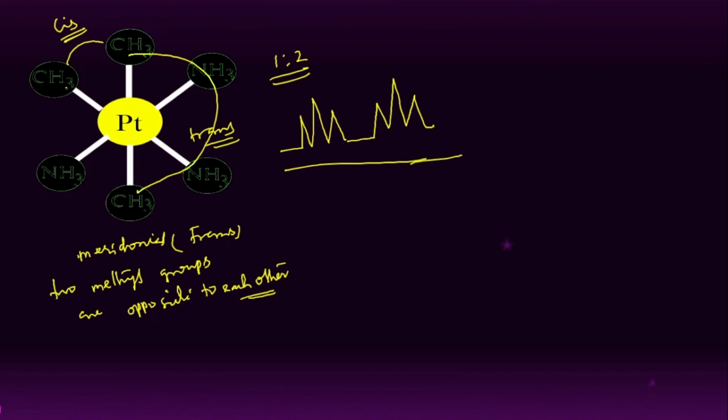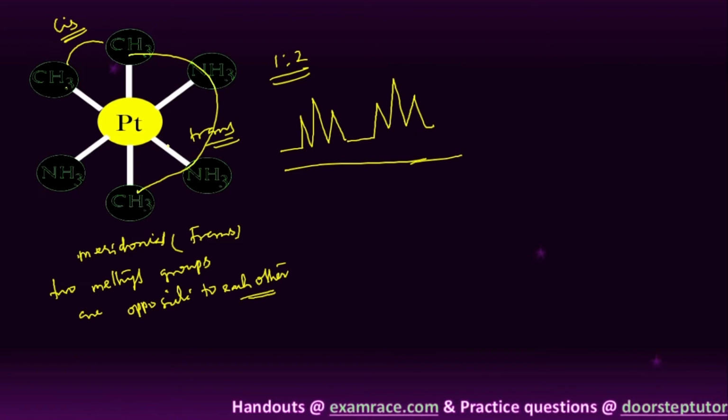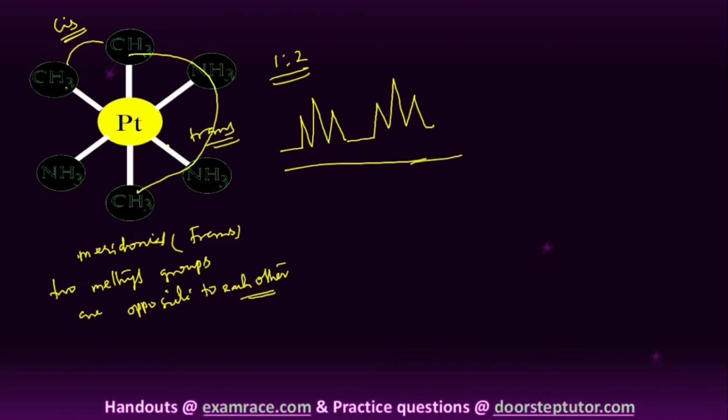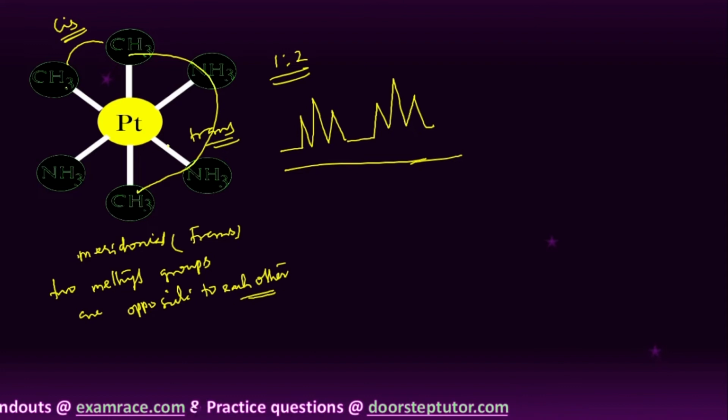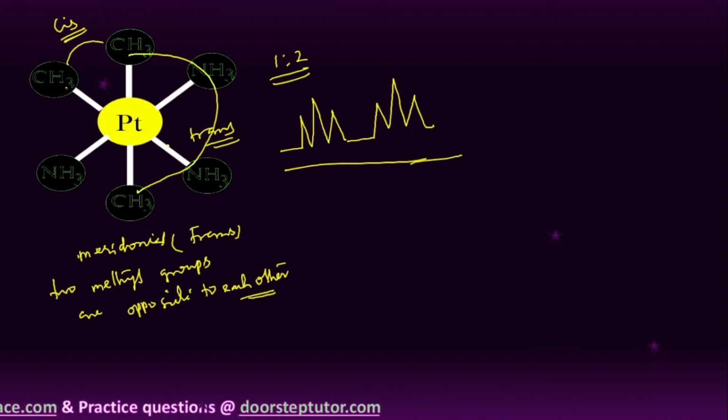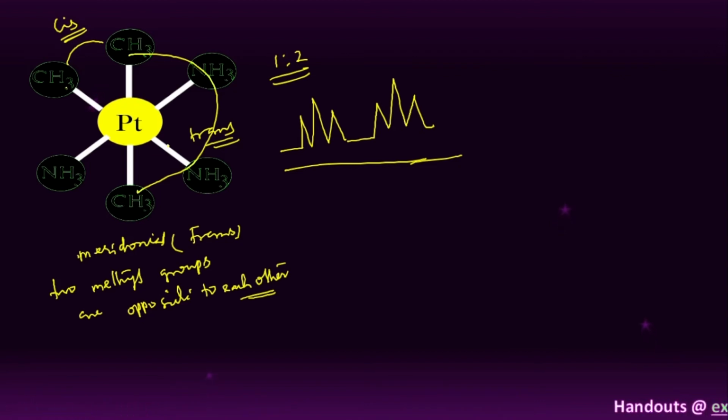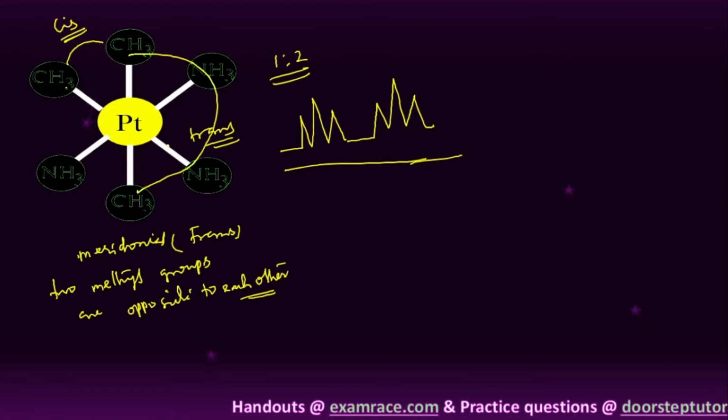Clear, student? But in this cis isomer it gives only one triplet in the NMR spectroscopy, because all three methyl group protons are chemically equivalent, so these equivalent protons are coupled with the platinum-195 isotope and split into a triplet. But in the meridional isomer, which is trans, there are two types of methyl protons.